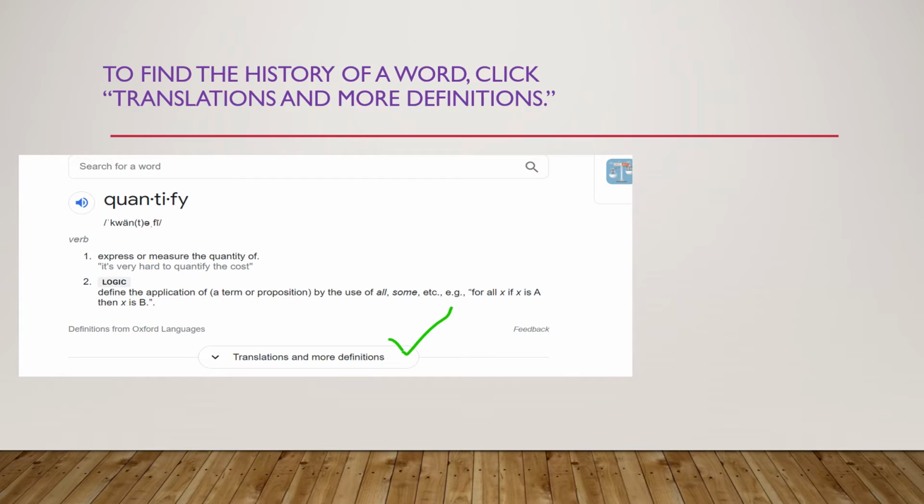To find the history or origins of a new word, like quantify, you would scroll down under definitions from Oxford Languages and click translations and more definitions.